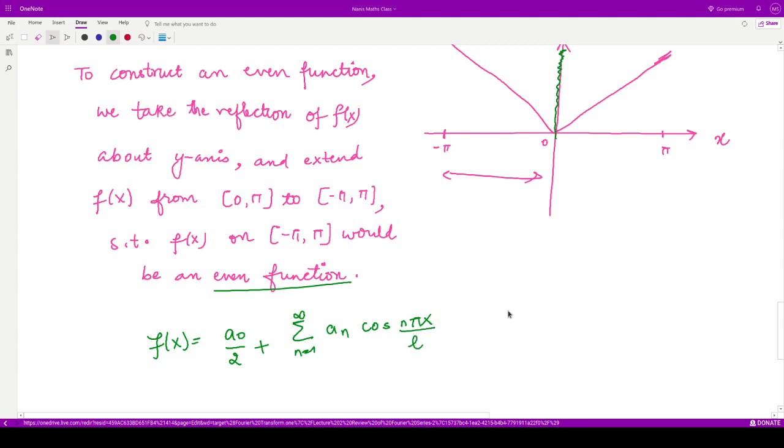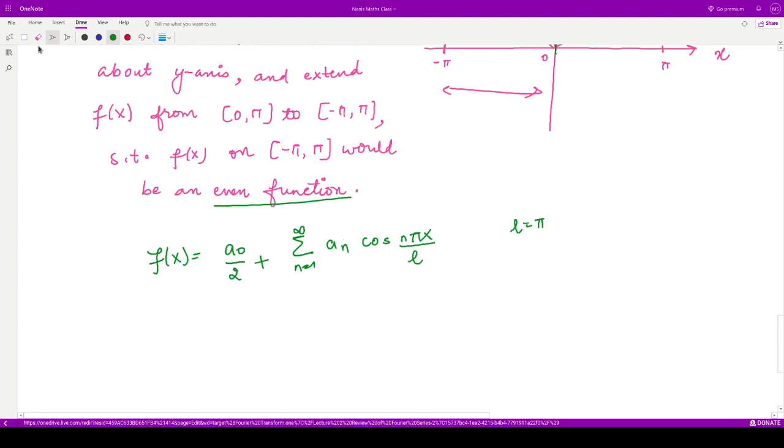L here is basically pi. So we do not have to write this pi by L formula, we can put the value of L equal to pi. So we would have a naught by 2 plus summation n varies from 1 to infinity a n cos nx.